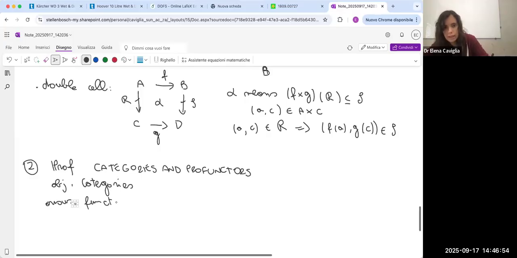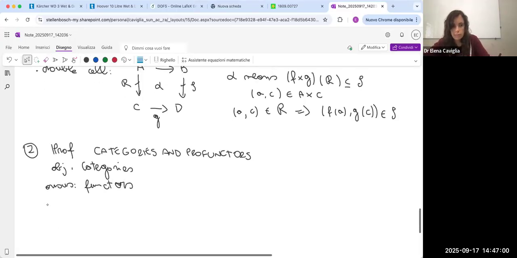So again, Prof 0, the 0 part is Cat. But now our pro-arrows are profunctors.